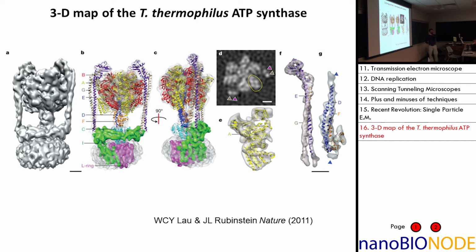And so this is what I consider the most amazing thing. Remember we talked about the F1, FO ATPase, how basically your body converts ADP plus phosphate into ATP, or vice versa.